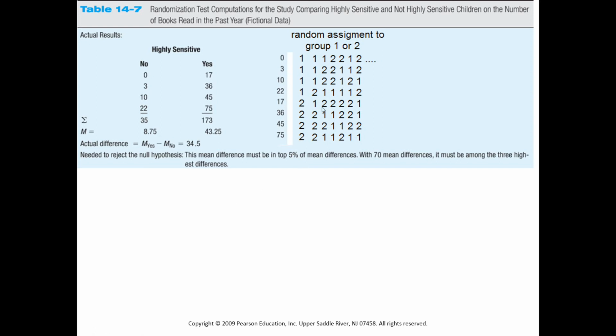The way to do this shuffling test, this randomization test, is the following: we put all those numbers in one row. Here we take the 0, 3, 10, and 22 books, and later the 70, and so on. Now we can assign groups.